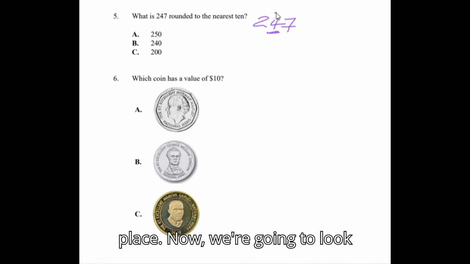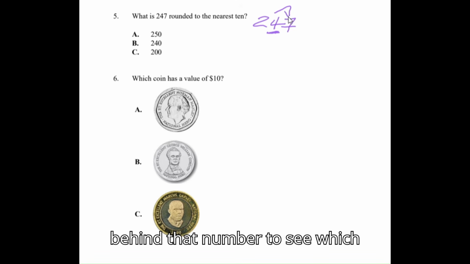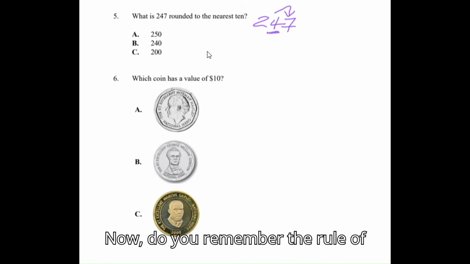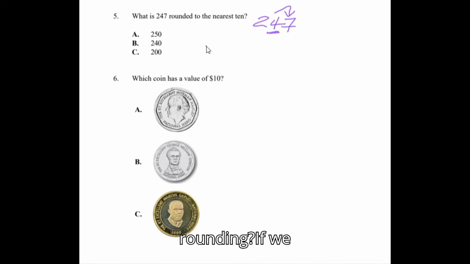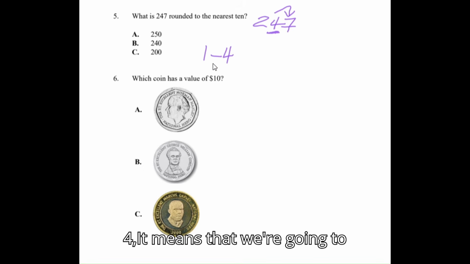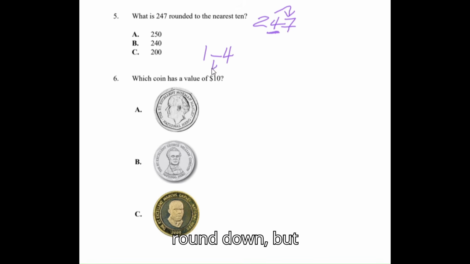Now we're going to look behind that number to see which digit is there. Now, do you remember the rule of rounding? If we look behind and we see 1 to 4, it means that we're going to round down. But if we see 5 to 9, we're going to round up.